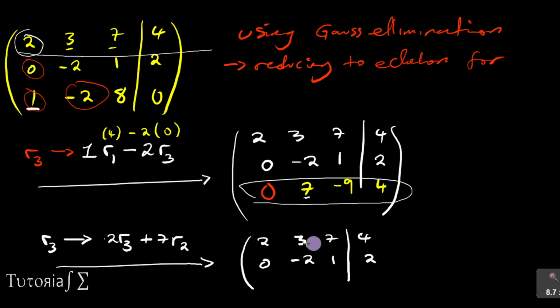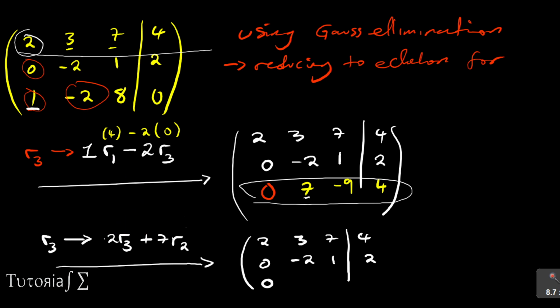And now when it comes to row 3, here we have 2 times row 3. On row 3 there is a 0, plus 7 times, on row 2 we have 0 here, so this will give us 0.